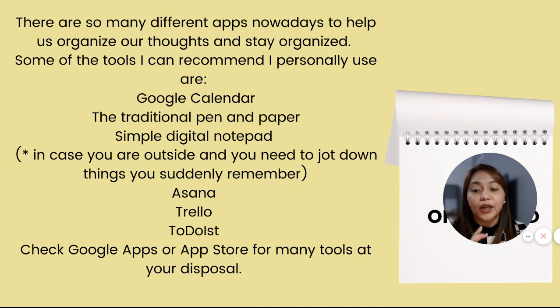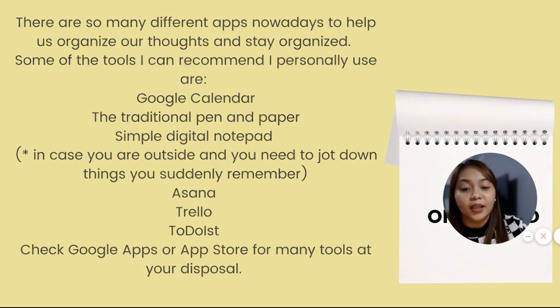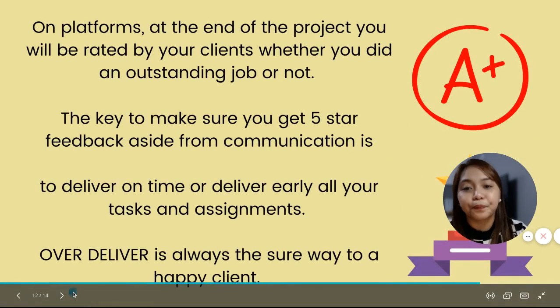You can also try to check on Asana, Trello, and Todoist. I do have Todoist in my iPhone, but in case that you forgot something, you can write down, or like the notepad in your phone. You can check Google Apps and App Store for many tools that you can use at your disposal.